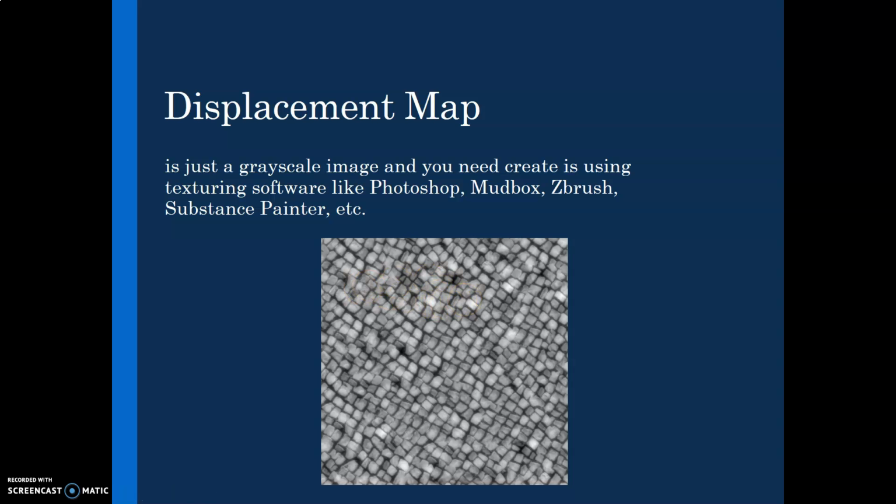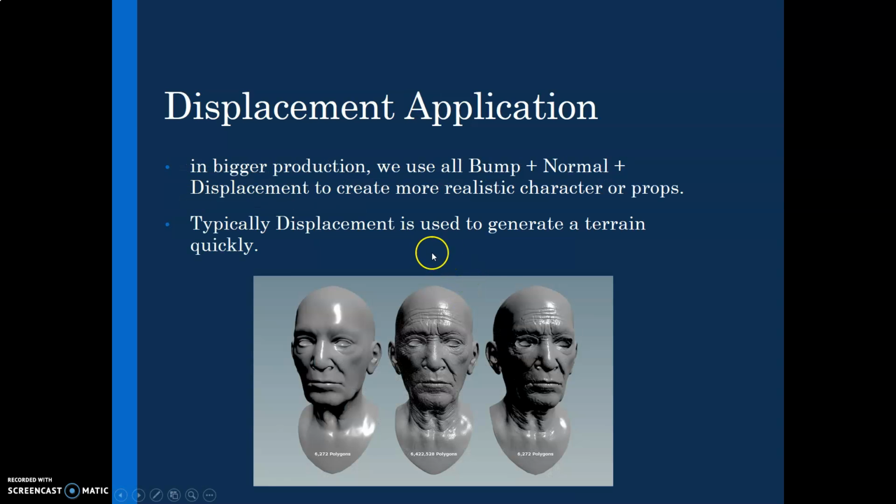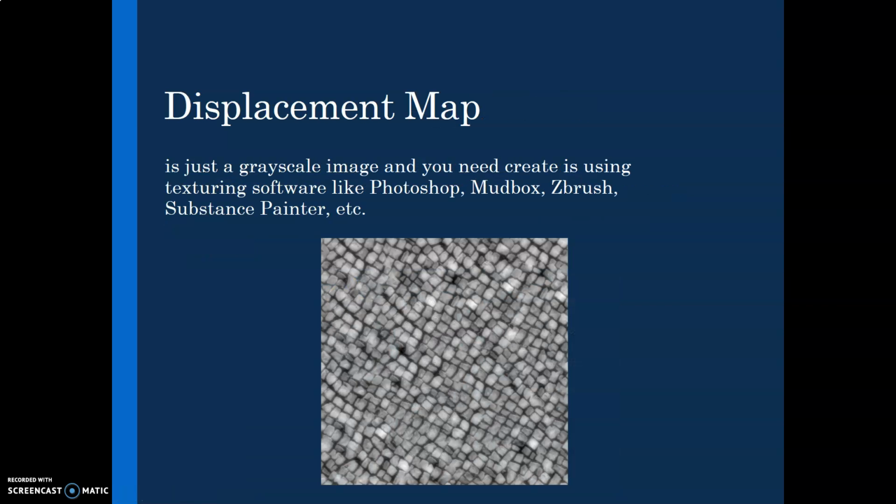I'm going to show you another example. The way displacement works is they usually create it in applications like Mudbox or Photoshop or even ZBrush, or now they use Substance Painter, but it doesn't really matter.